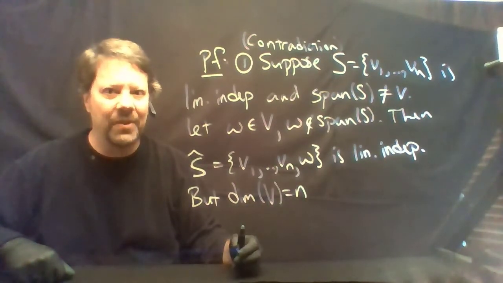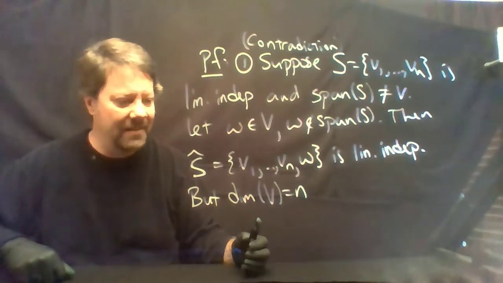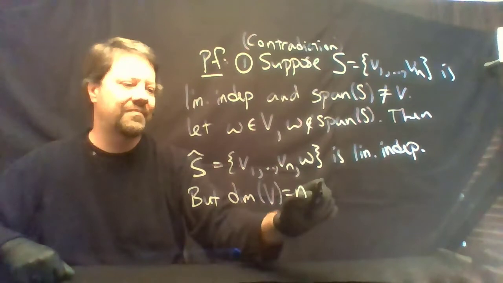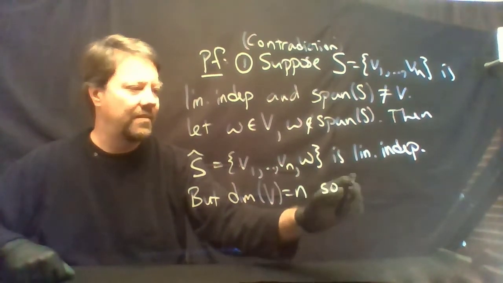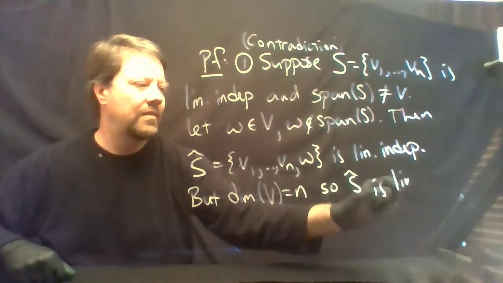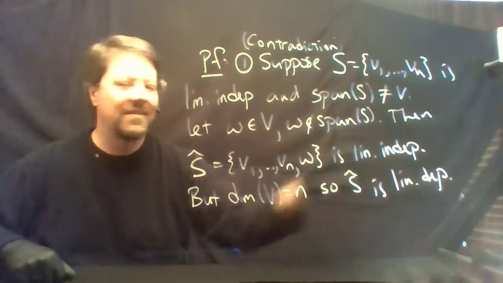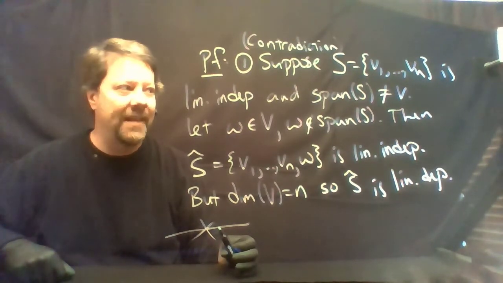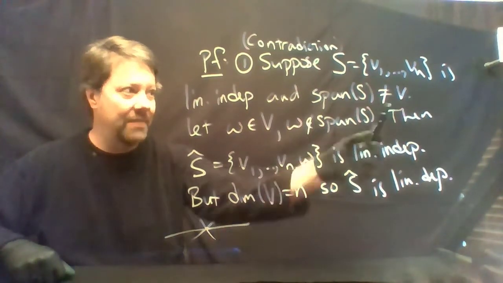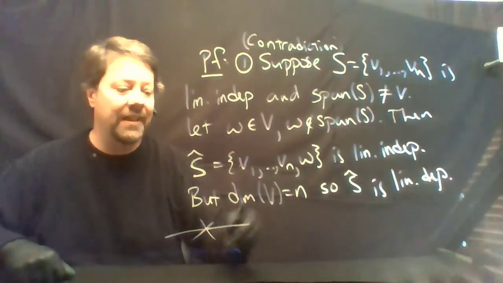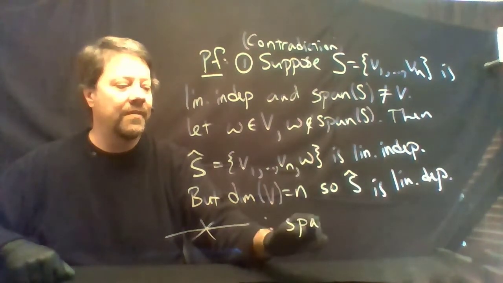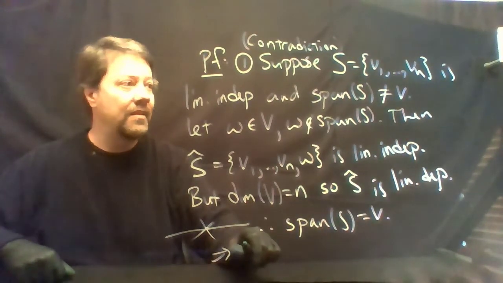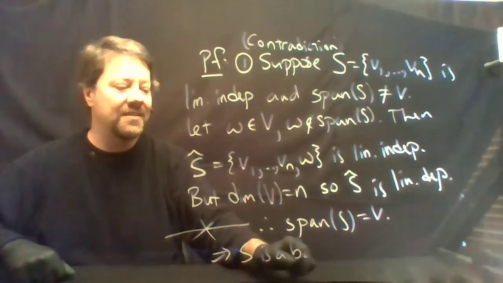That's underdetermined, which means there are infinitely many solutions, which means that this set is dependent. That's a clear contradiction, so an assumption that we've made must be false. That assumption can only be that the span of S is not V. Therefore, the span of S is V, and that means S is a basis.